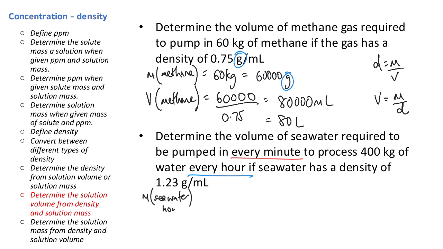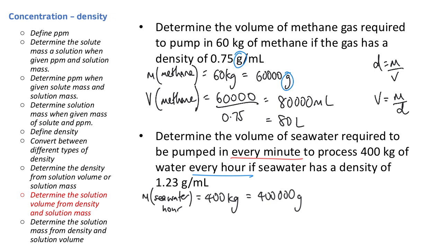I'm solving for the mass of seawater in an hour, right? So 400 kilograms of seawater. That's how much I'll need in an hour. I need that in grams, so that's 400,000 grams. Okay, why do I need it in grams? Because that's the unit that my density is in. So that's why I need to convert that into grams.